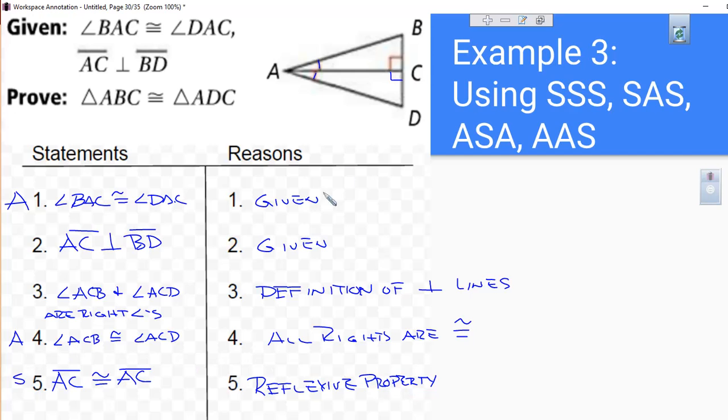And so this is a side length, so we'll mark it here. So we have an angle measure, a side, and an angle measure. So now we can say that triangle ABC is congruent to triangle ADC, and our reason is going to be angle, side, angle. The side length touches both angles. It touches this angle right here, this angle right here, this one here, and this one here.